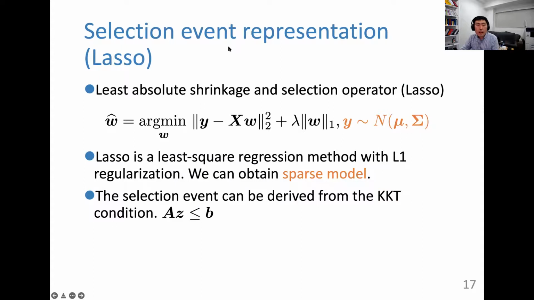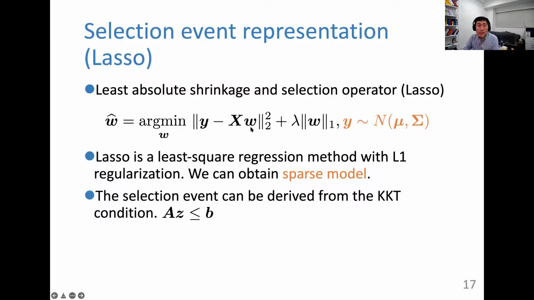And also, another case, of course, feature ranking is so simple. Of course, we can use it for the Lasso case. Lasso stands for the least absolute shrinkage and selection operator. Lasso can be written this way. Y is a response, X is the input matrix, and W is the one we want to optimize.